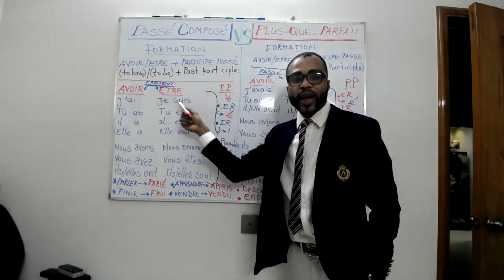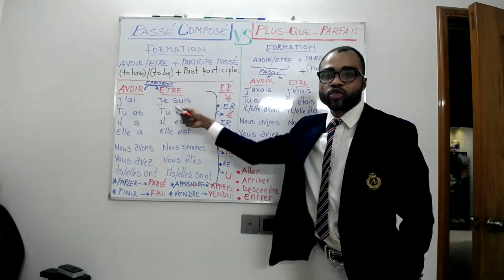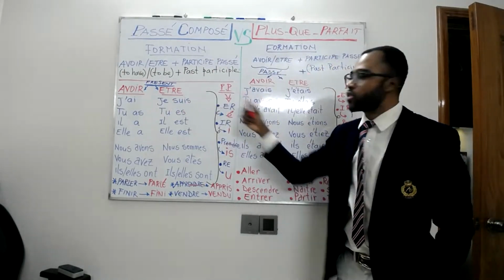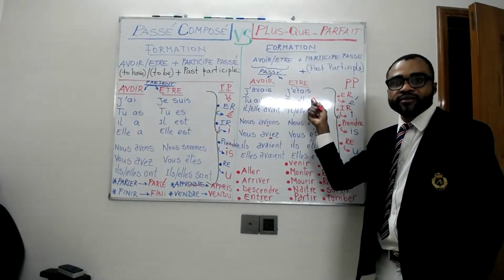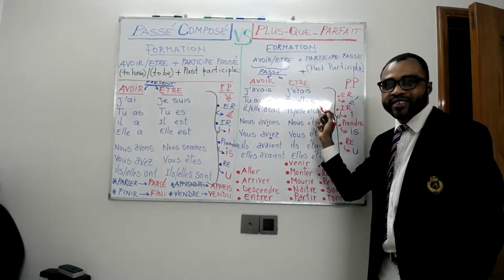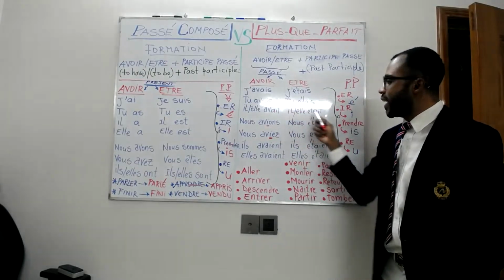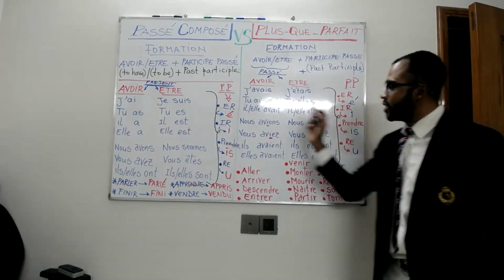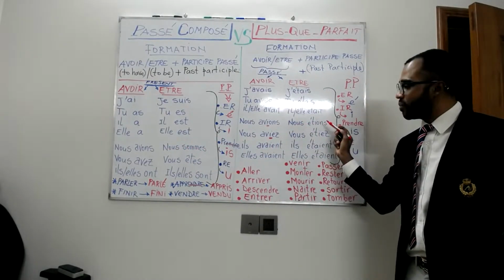So when it's time for être, we say je suis. In the passé composé, we use je suis. But in the plus-que-parfait, we use the past tense of je suis. So je suis, the past tense will be j'étais. Tu es, the past tense will be tu étais. Il est, it will be il était. Elle est, elle était. Nous sommes will be nous étions.